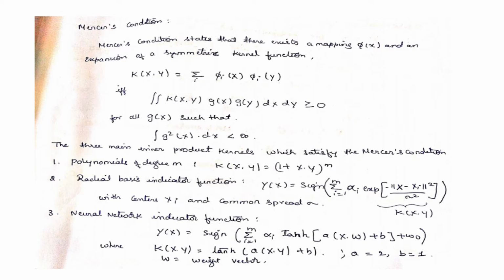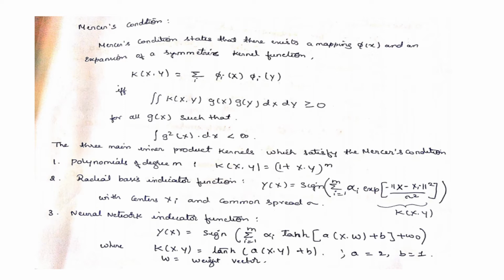We can find the better generalization performance if and only if the integral of k of x comma y into g of x into g of y, dx dy, is greater than or equal to 0.